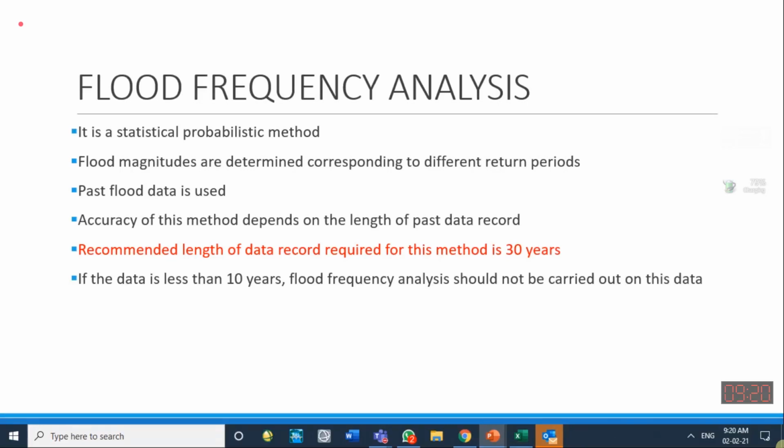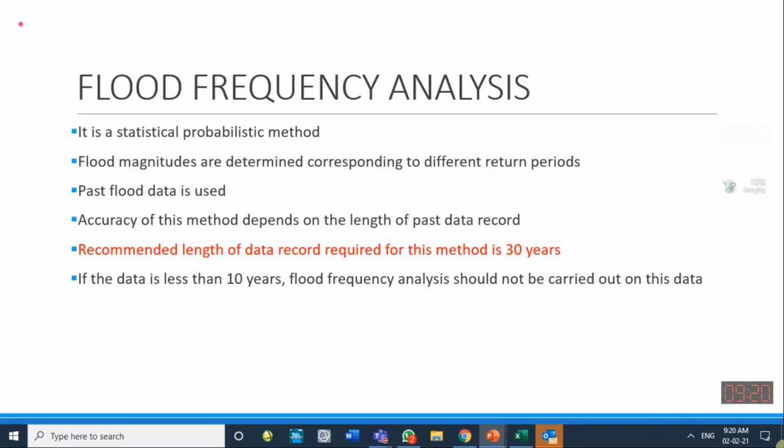We will have a gauging station at a location, and if they tell us that in a year the maximum water level at this stream reached a certain level, we can convert that maximum water level into a flow or flood value by the rating curve.